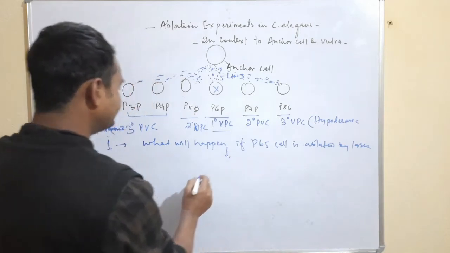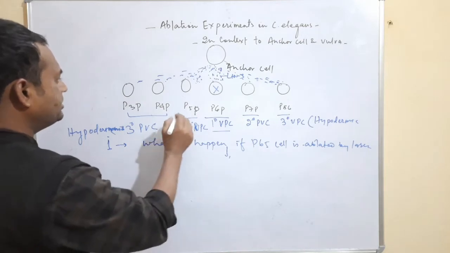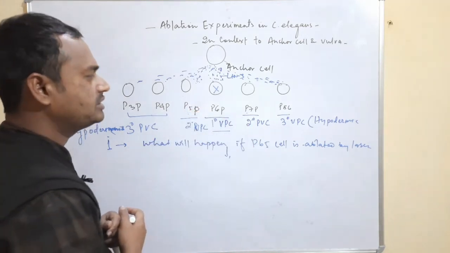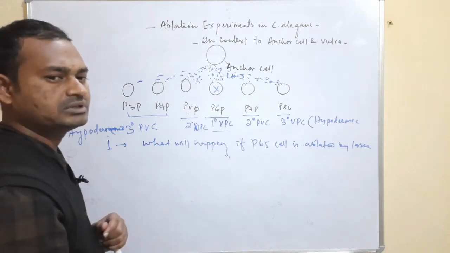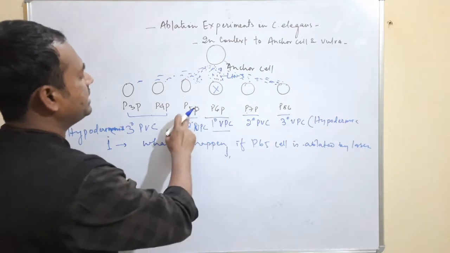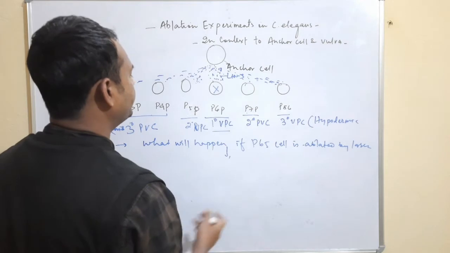So in this case, the P5P or P7P will acquire the fate of the primary vulva precursor cell. Either the P5P cell or the P7P cell will acquire the primary vulva precursor fate.